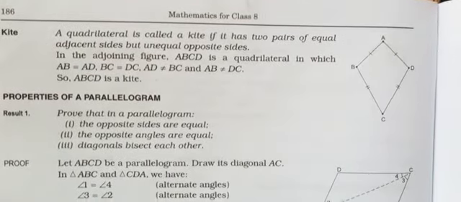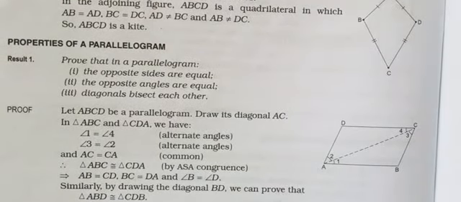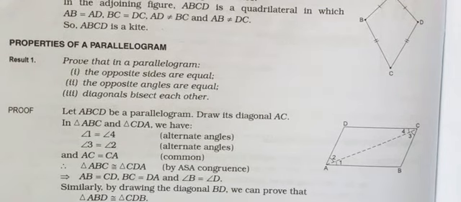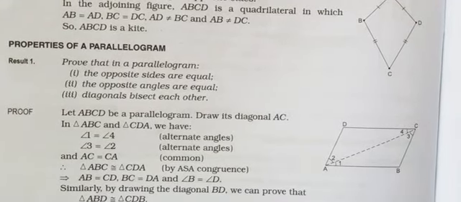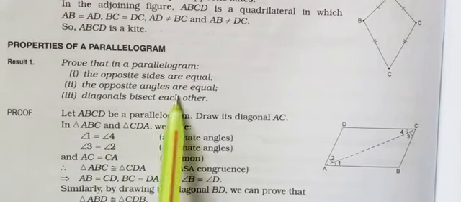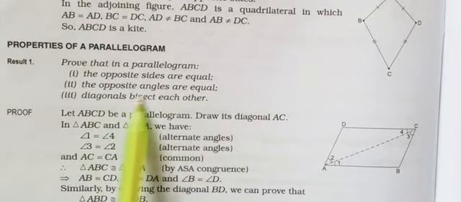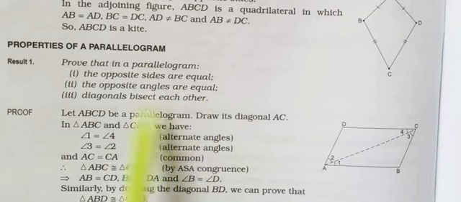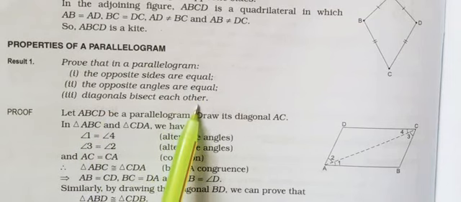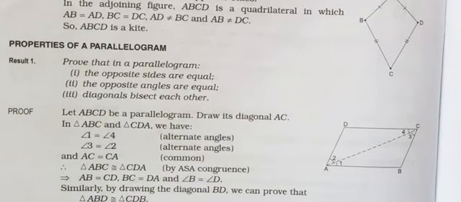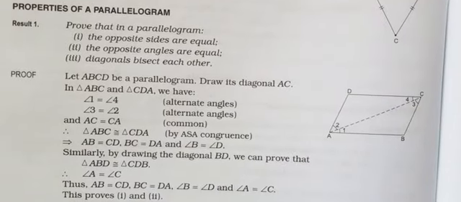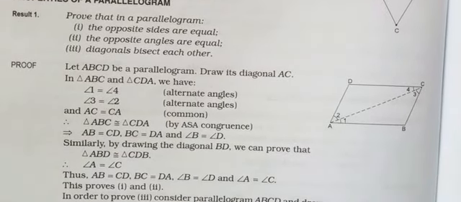Next, there are some properties of a parallelogram. You have to remember them because you have to solve questions from here. The opposite sides are equal, the opposite angles are equal in a parallelogram, and the diagonals bisect each other. The proof is given here. I suggest you go through the proof from your book.